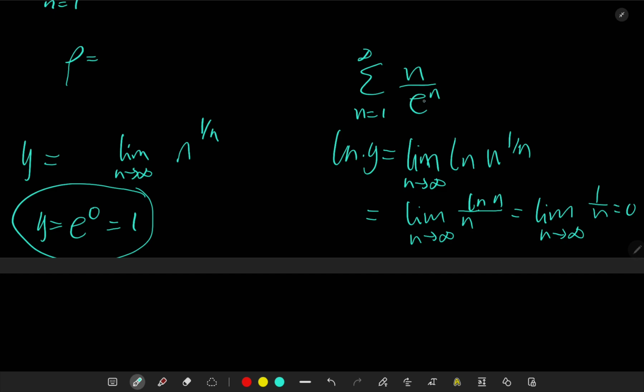So the limit would be 1 over e, which is less than 1, so this thing would converge. Keep this one in your pocket, because it may be useful for the root test.